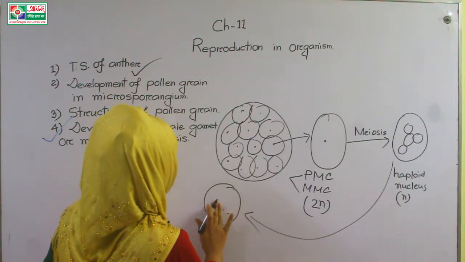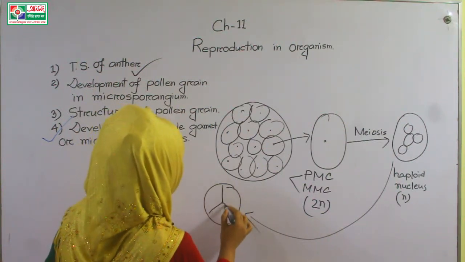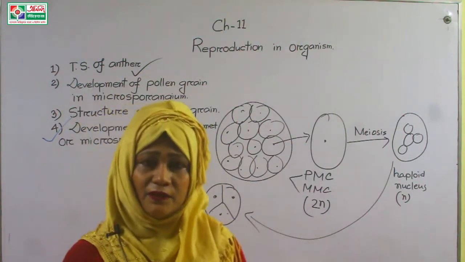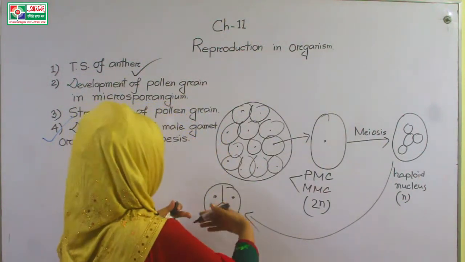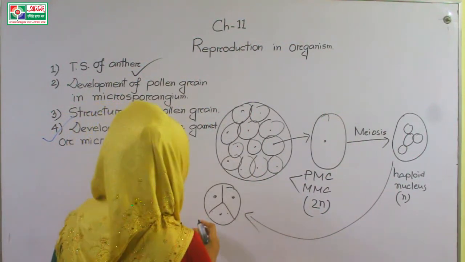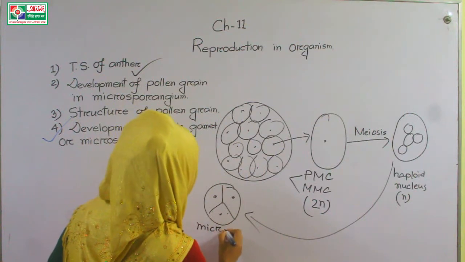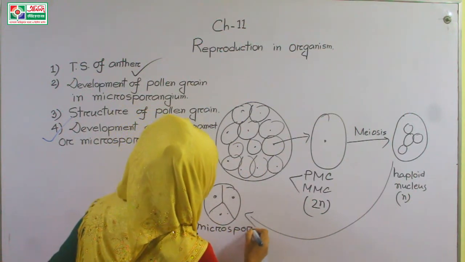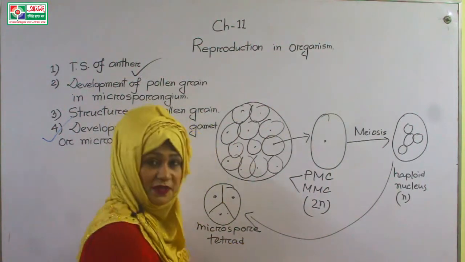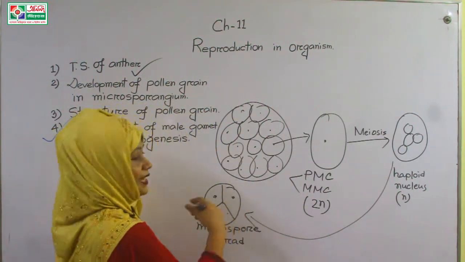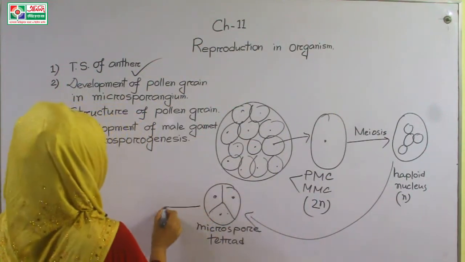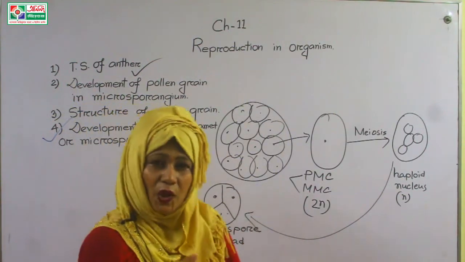I am showing accurately: 1, 2, 3, and where is the other one? The other one will be on the back side. So it is known as the microsporogenesis tetrad. Tetrad means 4: 1, 2, 3 and another one on the back side. The microsporogenesis tetrad remains attached closely.